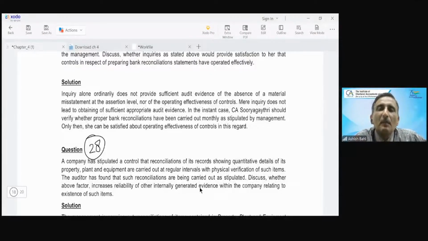Say it has been fixed by the management that we would do such reconciliation every quarter, and these are being done every quarter. Discuss whether the above factor increases reliability of other internally generated audit evidence within the company relating to existence of such items. Now just think over what the question is asking from you. Can anybody tell me what the question is asking, and what the answer should be?